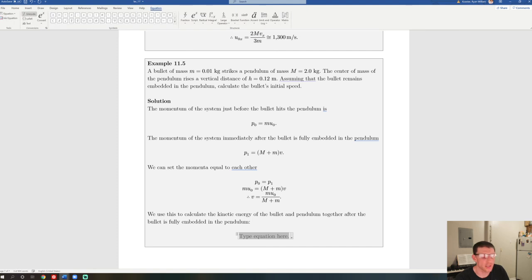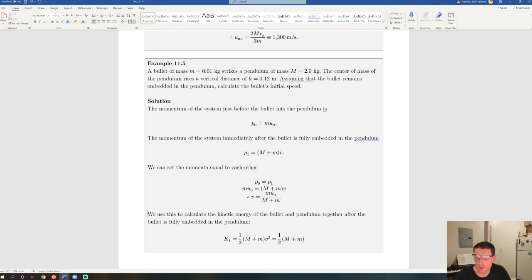And so what we find is that the kinetic energy here, I'll call it K1, I suppose, is 1/2 big M plus little m v squared, right? So this is 1/2 big M plus little m, and I'll probably make Mathematica do the algebra here at this point.